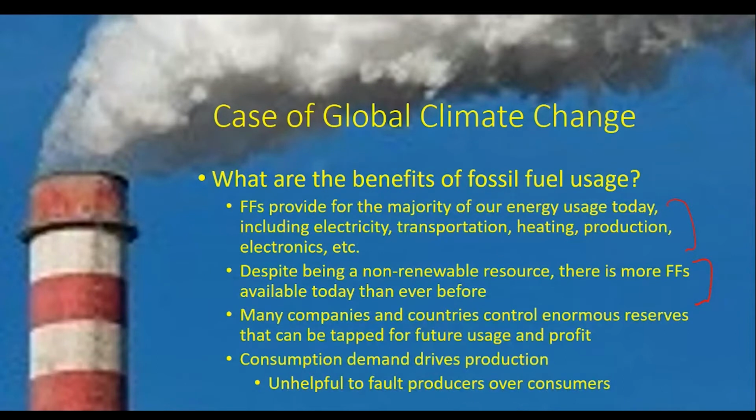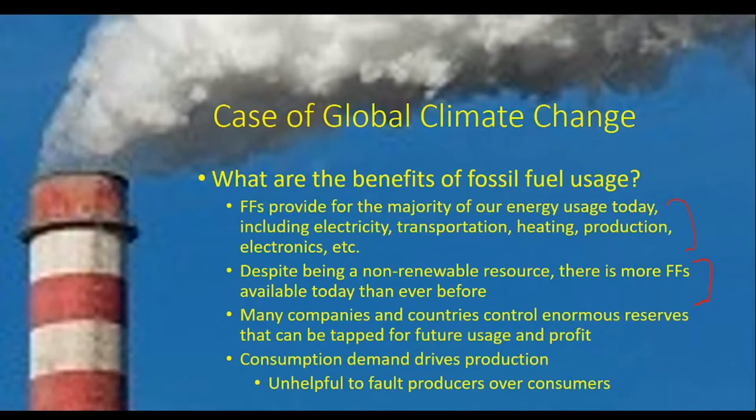Now, in the 1970s, the big debate was when we were going to run out of fossil fuels, because they're non-renewable, we're digging them up out of the earth, and they're going to disappear. And then what do we do about that? Well, what's happened in the last 50 years or so, since the 1970s, is that we actually have more fossil fuels that we've discovered and know are available under the earth than we've ever had before.